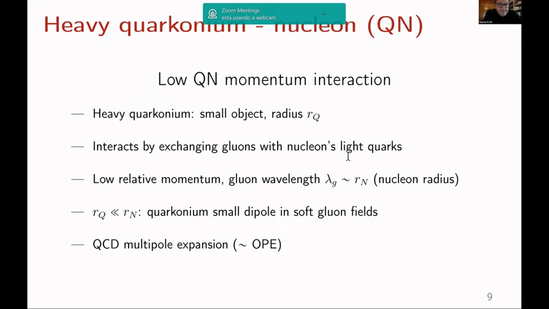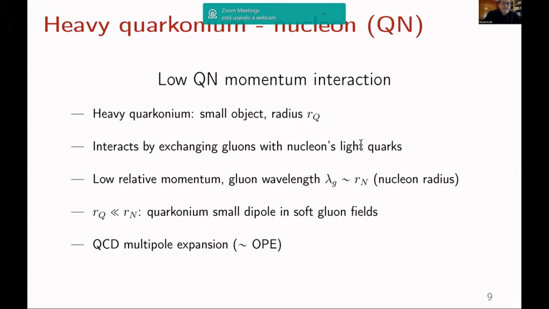Why? Because they don't share the same quark content. The heavy quarkonia don't have valence light quarks.